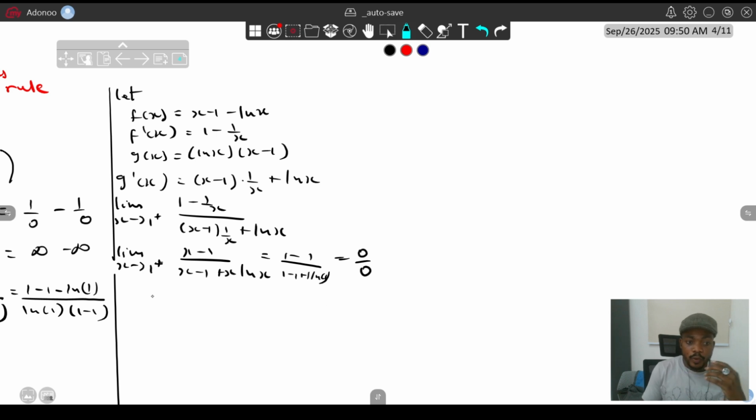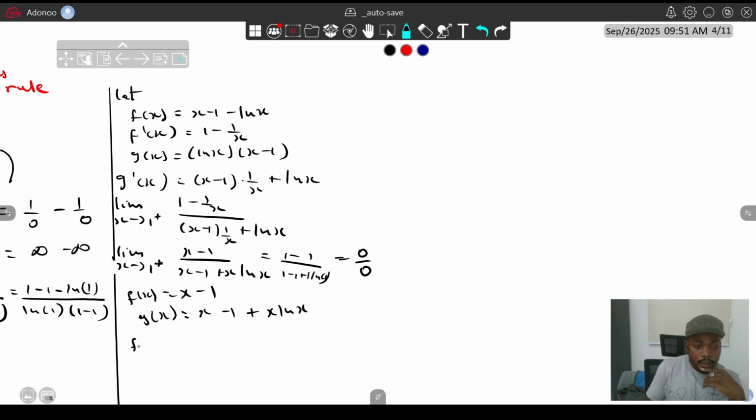So again, we are going to differentiate f of x, which is now x minus 1, and then g of x, which is now x minus 1 plus x ln x.